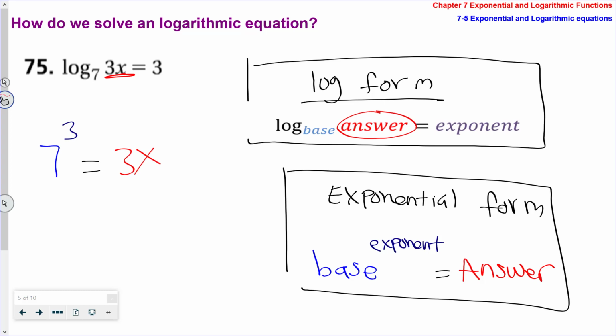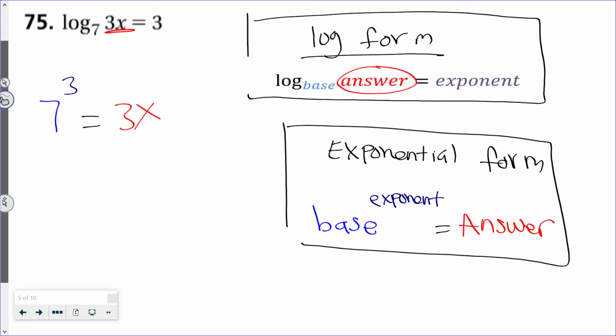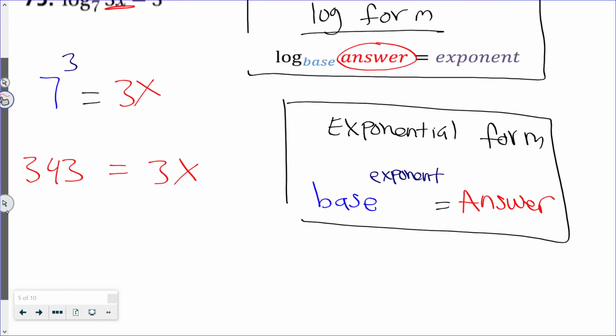7 to the third power. Put 7 to the third power in the calculator. Do you have me on? 343. 343 equals 3x. And divide both sides by 3.